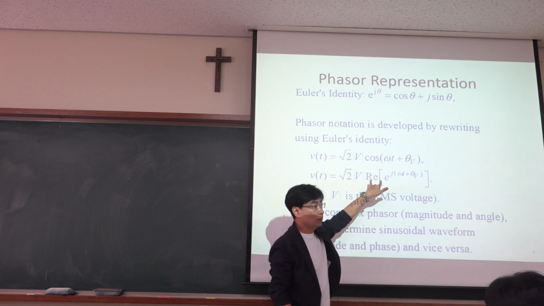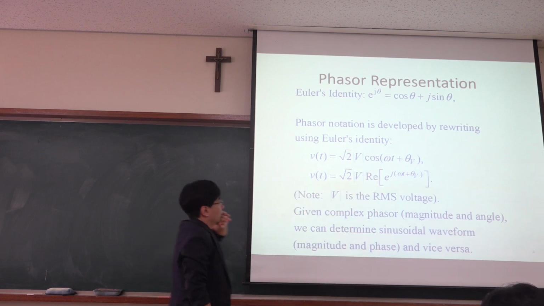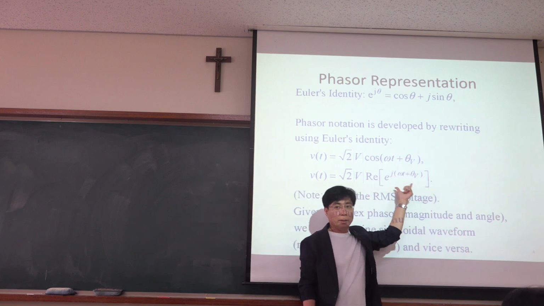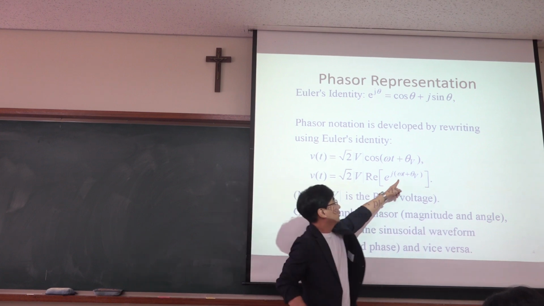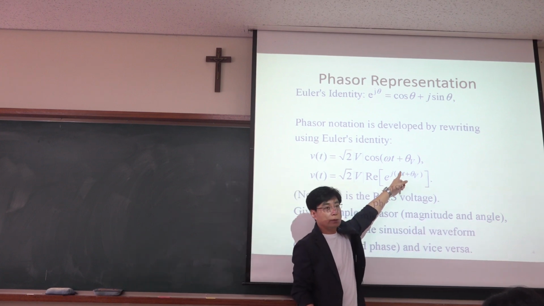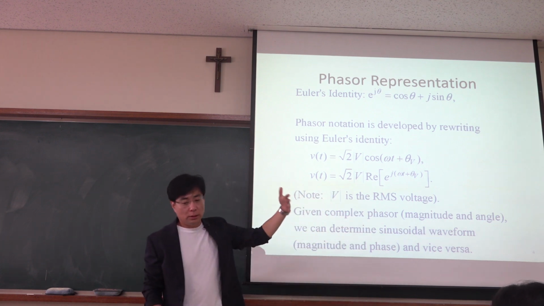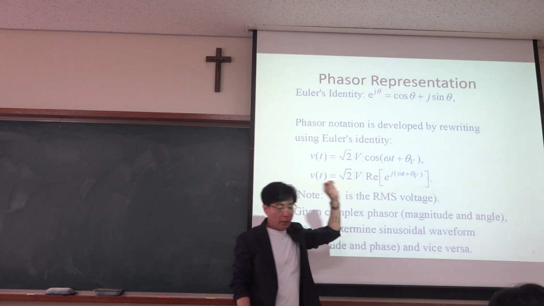RE means the real part. So here we see a complex number, and anyway, still we have omega t. So this is a complex value, but it oscillates over time, and we take the real part of that, which gives us the instantaneous voltage.